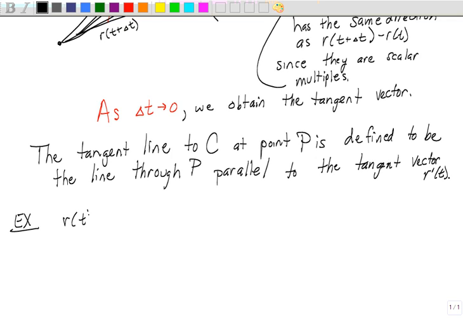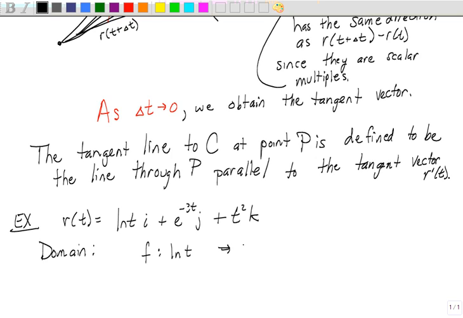Let's say r of t is the function ln of t i plus e to the minus 3t j plus t squared k. And I want to find the domain of r. Remember, it's the intersection of all the functions. Well, f is ln of t, so t has to be greater than 0.